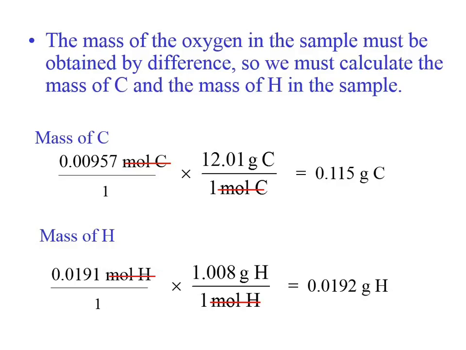So you're looking at 0.0192 grams of hydrogen. I usually don't put those on my table, although I could. Sometimes I guess it might be helpful, but I'm not doing it this time. But you see where these 2 masses are what I'm going to subtract from my original sample mass to get my oxygen.